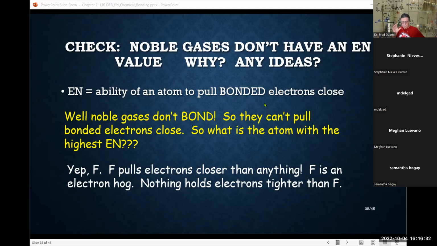The definition of EN is the ability of an atom to pull electrons close, or pull them onto itself, in a bond. And that's going to give us a lot of information with respect to what type of bond, whether it's a polar or non-polar bond.